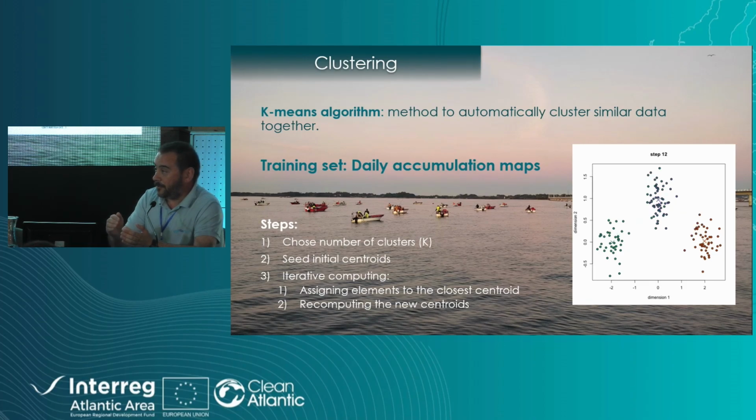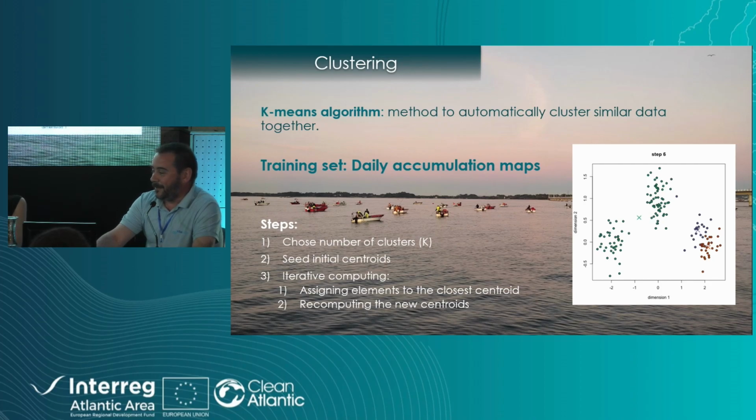Then you go back to the situations that have been attributed to that centroid, and you recalculate the new situations belonging to that centroid. Through that iteration process, you get closer to the mass center of the different groups, and you have that centroid as a representative of all of these situations.